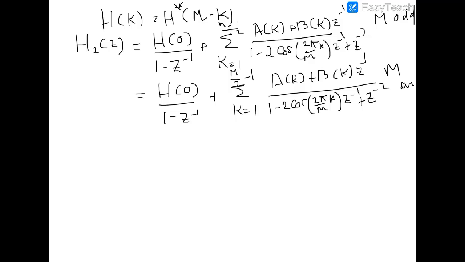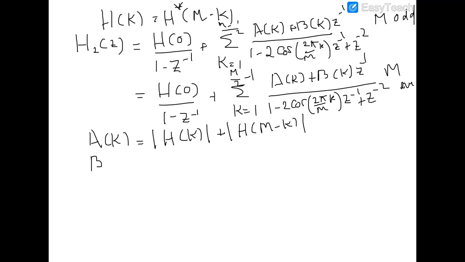For this particular problem, let us try to find out the values of A of k and B of k. A of k is defined as the magnitude of H of k plus the magnitude of H of M minus k.